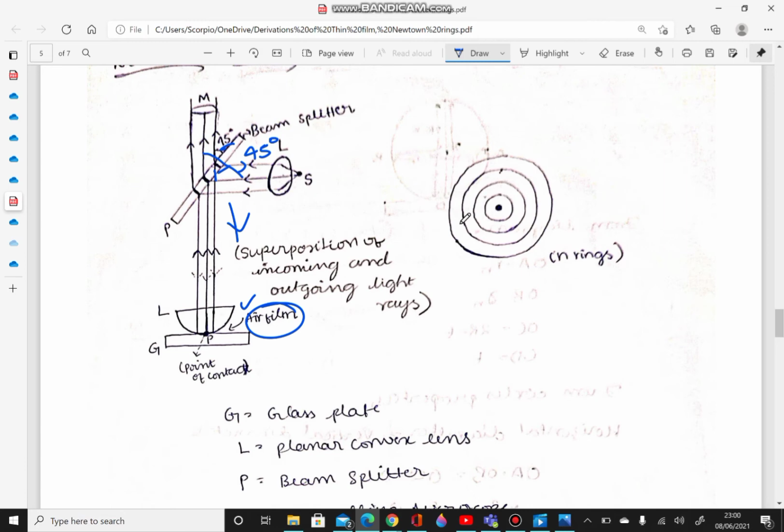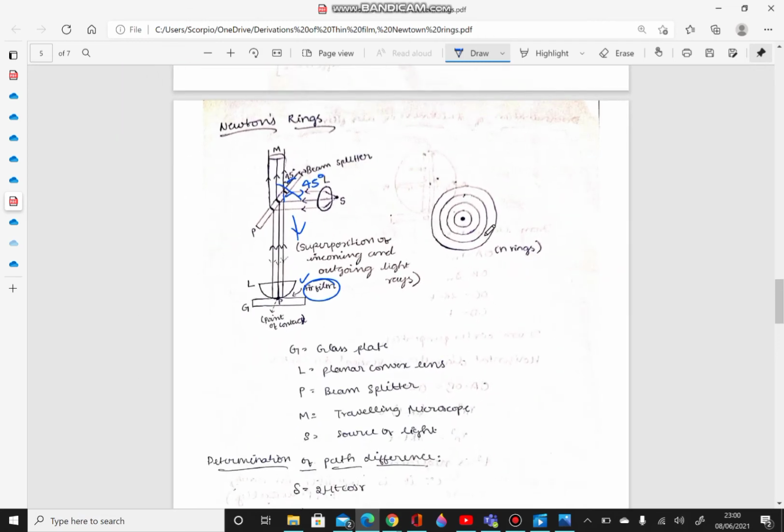That is, Newton's rings are nothing but the resulting waveform of the interference of these incoming and outgoing light rays with different wave characteristics.